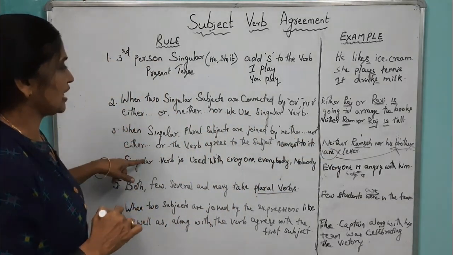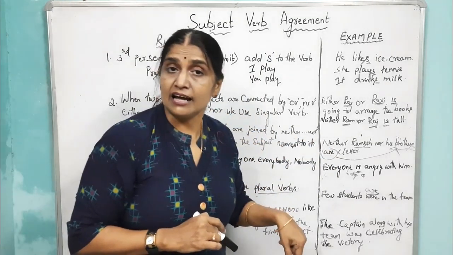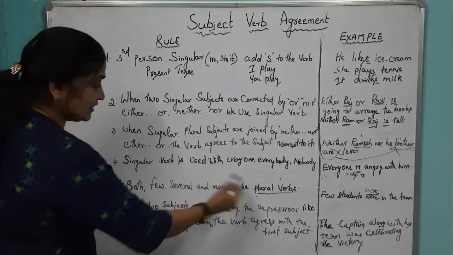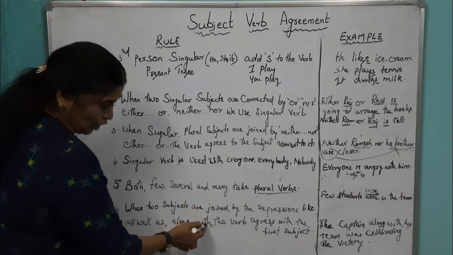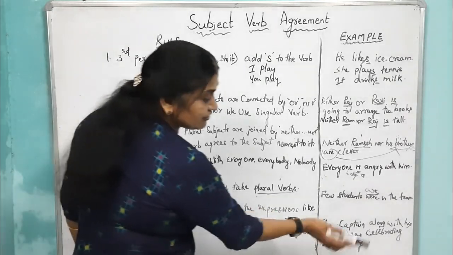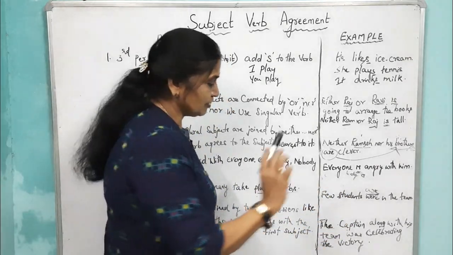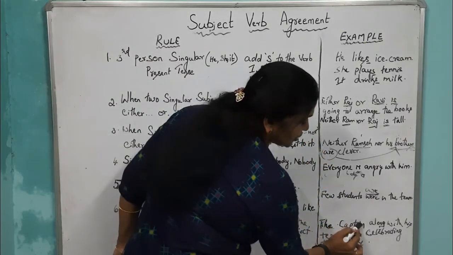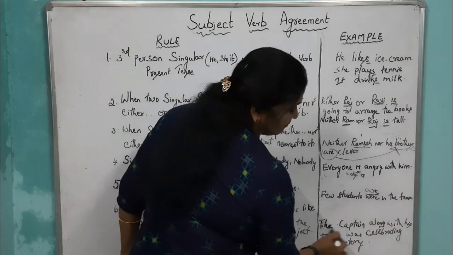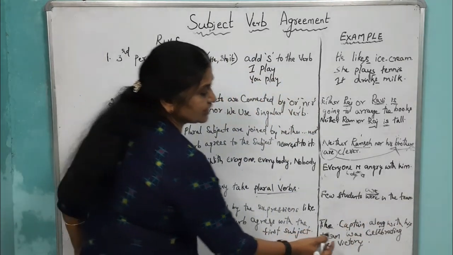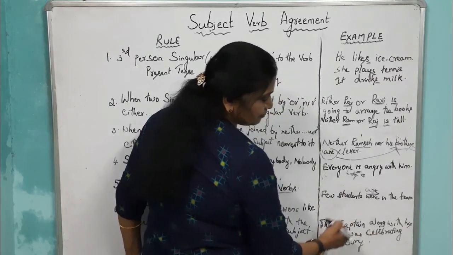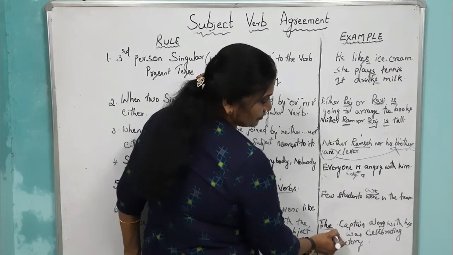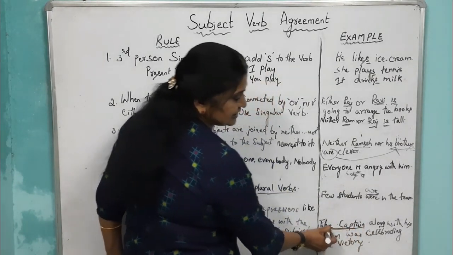But when it is joined by "as well as" or "along with," the verb agrees with the first subject. For example, see, "The captain along with his team was." Why did we write "was," not "were"? Because the first subject is the captain.